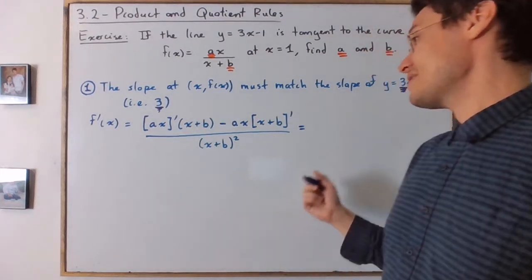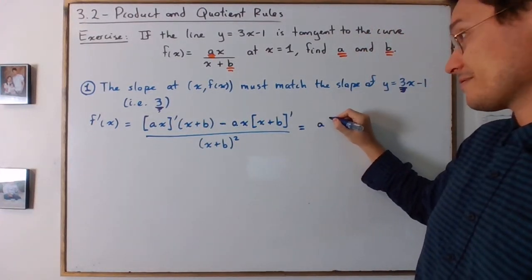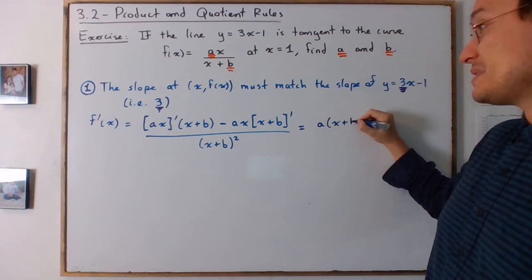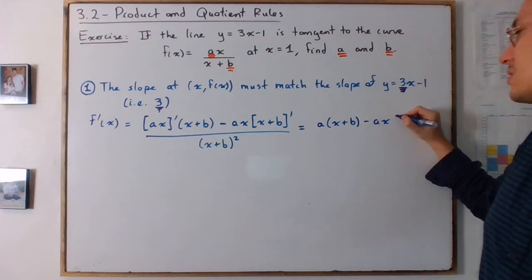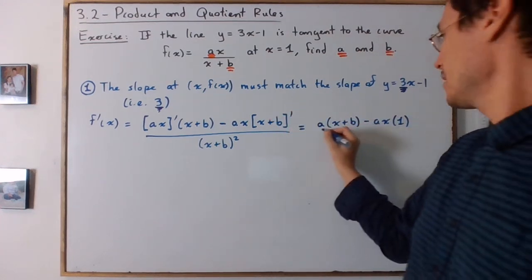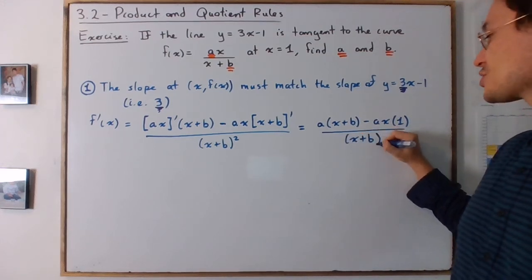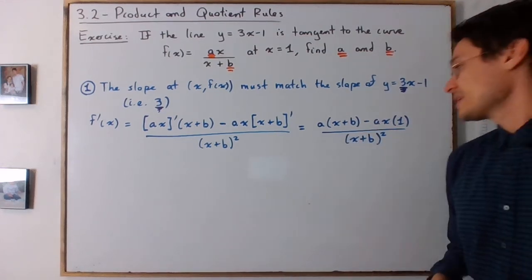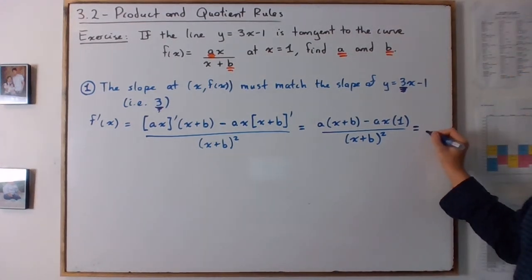Now, each derivative is easy to perform. So you have a for the first one, times x plus b, minus ax, and I will say here for the sake of it, times 1, right? The derivative of this is 1. And this is divided by x plus b squared. Before anything else, let's simplify this formula.